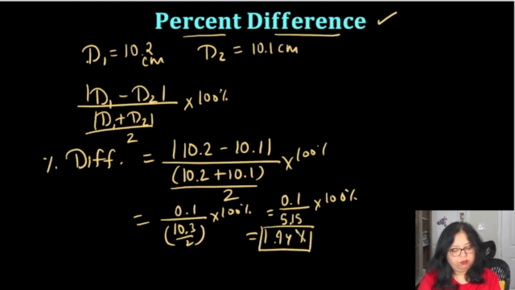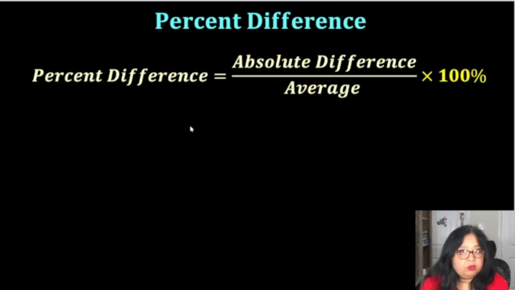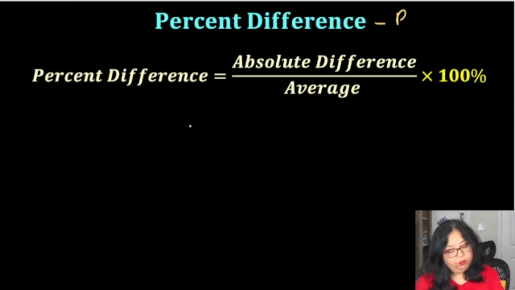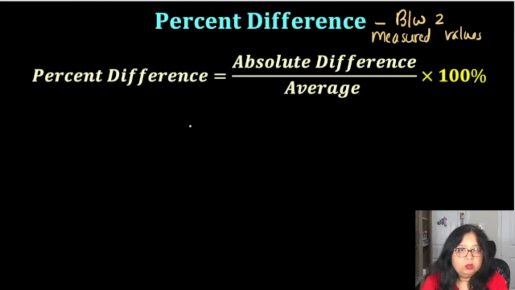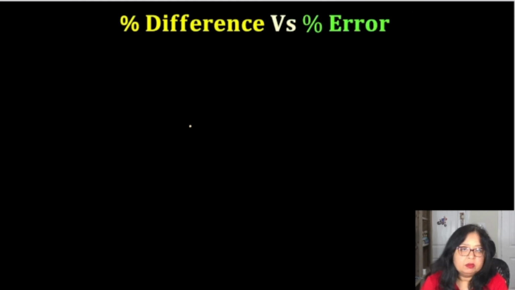This is the percent difference between these two values of the diameter. Got it? Percent difference will always be between two measured values or between two experiments. So it is the absolute difference divided by the average, times 100%. Easy.